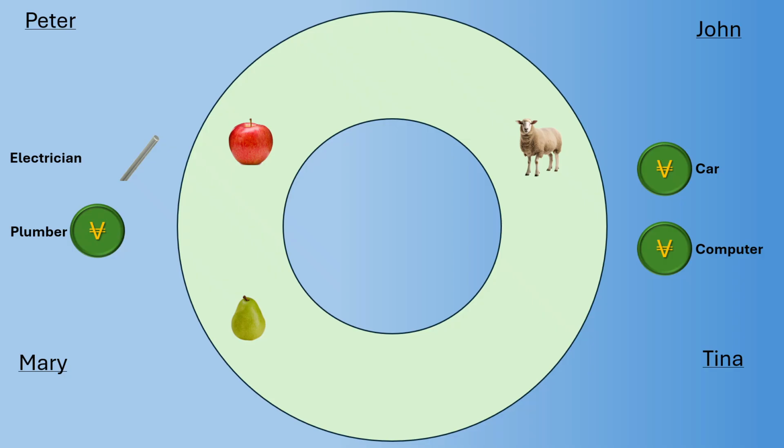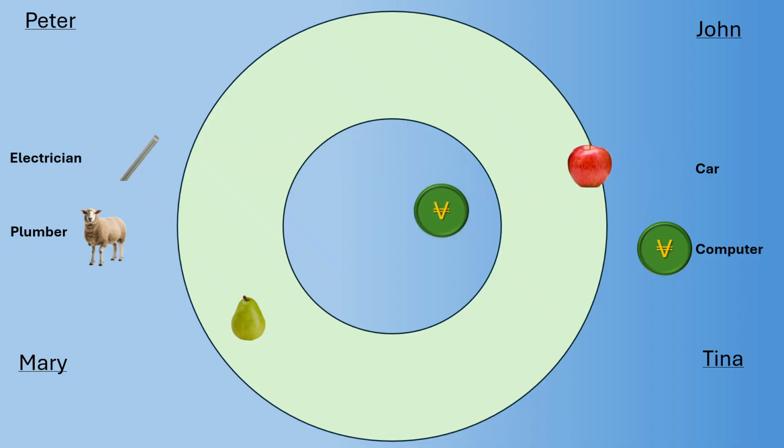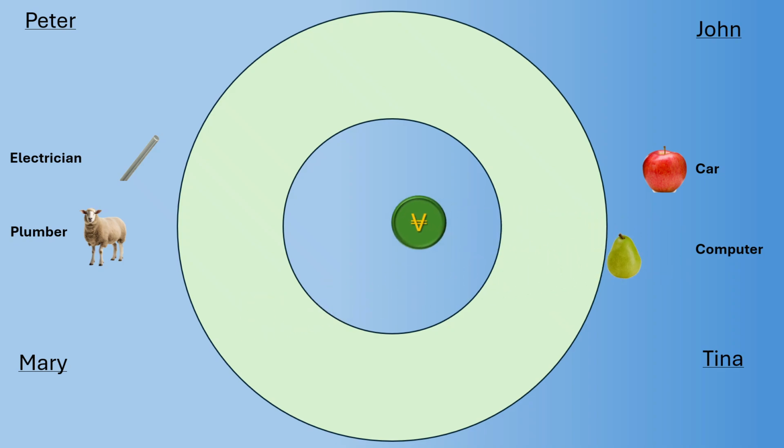Similarly, if the plumber wants sheep, he can buy it from the system, and the system will eliminate the currency. And if the car manufacturer wants apples, he'll pay the system, and the system eliminates the currency. And if the computer manufacturer wants pears, then it pays with the currency, and then the system eliminates it.